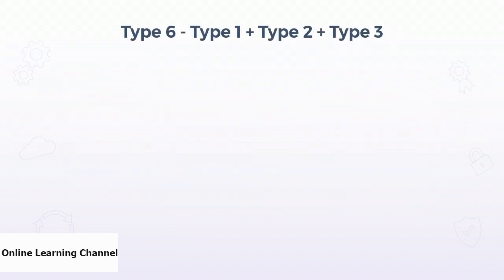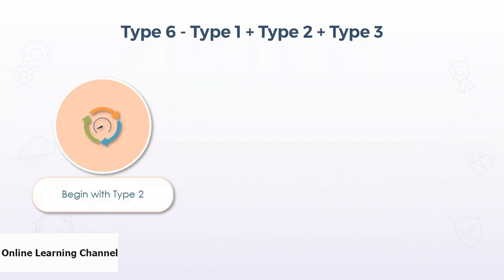And finally, we have type 6, which is type 1 plus type 2 plus type 3. This type uses type 2 behavior, which is to create a new record every time attributes change, and marking the most current record as current while setting the old records to not current.